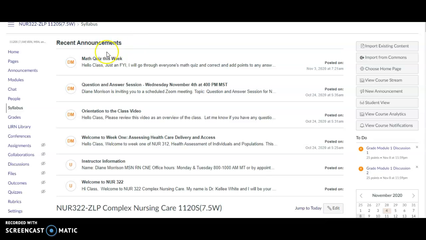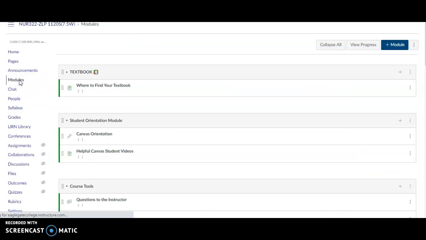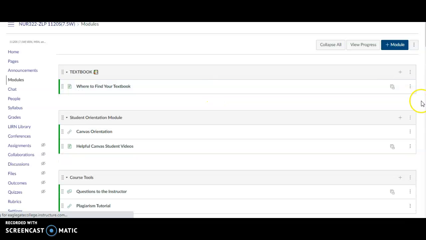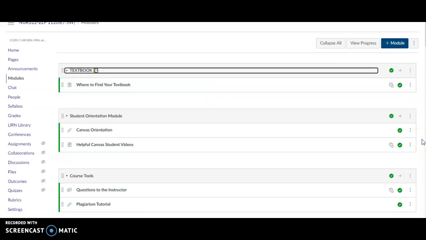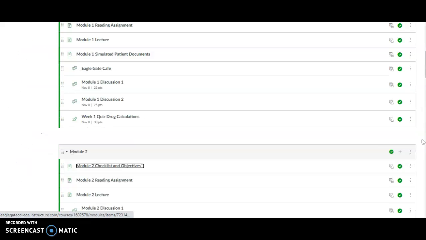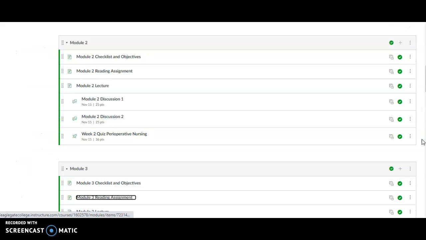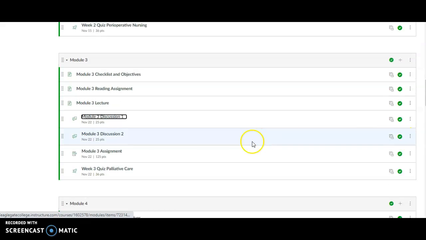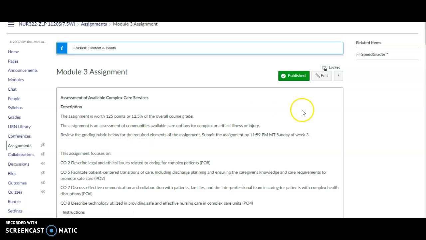The other thing I was planning on doing tonight was going through your first assignment, which is in Module 3. So we will scroll down to Module 3. Here is the assignment. It is very important that you do not confuse this assignment with the one that you just did in NUR 312.